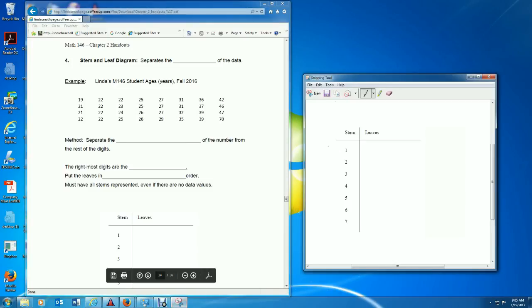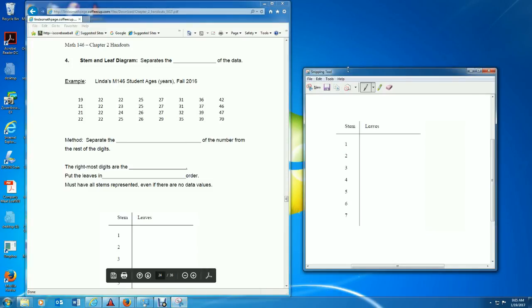So my first data value is 19, so the stem is 1, the leaf is 9. Then I have 21 and 21, so I'm going to go a 1 and a 1. So those represent 21 and 21. Then I've got 1, 2, 3, 4, 5, 6 22s. So I got to put 6 2s.